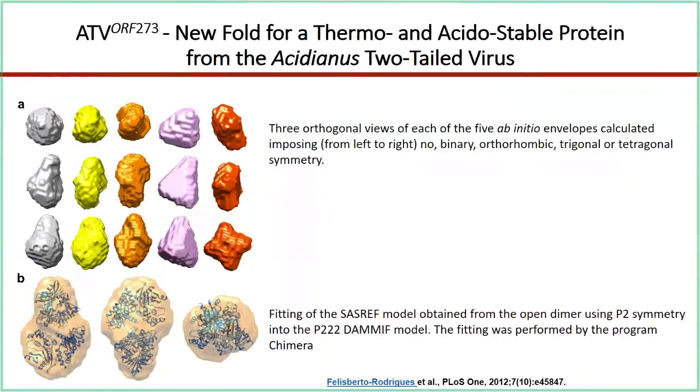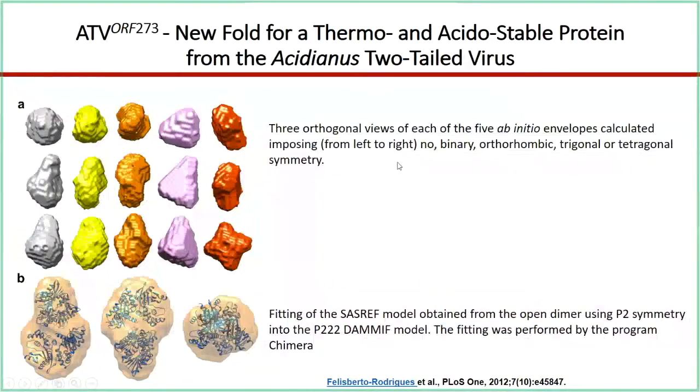Nevertheless, with respect to SAXS, they did the ab initio envelope calculation using a variety of symmetries. They calculated the envelopes using a variety of symmetries. And then they used SASREF to model dimers and tetramers, and based on the chi-squares, they decided it was a tetramer.